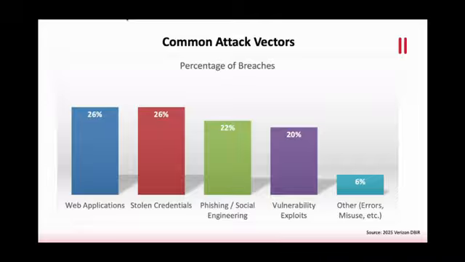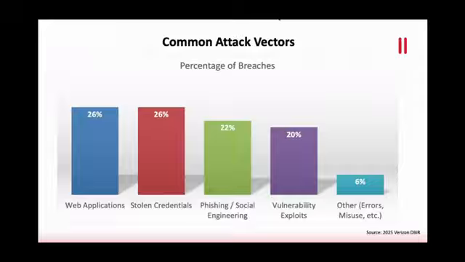The next item at 22% there was phishing and social engineering, which highlights the human factor involved in these breaches. Employees remain a primary target and attackers exploit trust just as much as they exploit technology. And the vulnerability exploits demonstrate that the patching and configuration management remain fundamental, yet they're consistently neglected and consistently exploited.